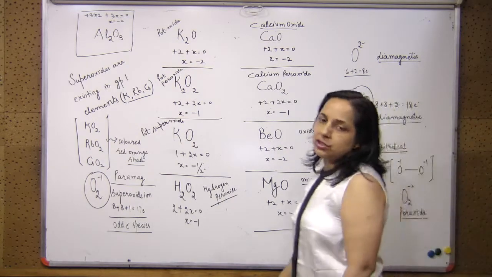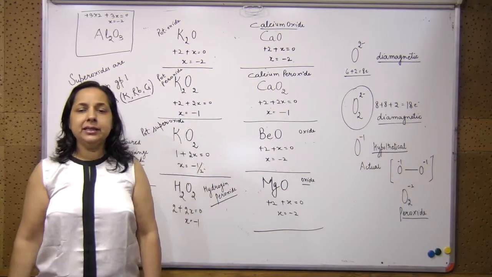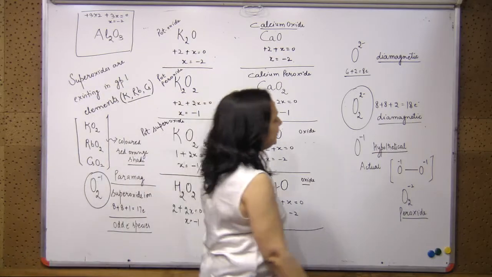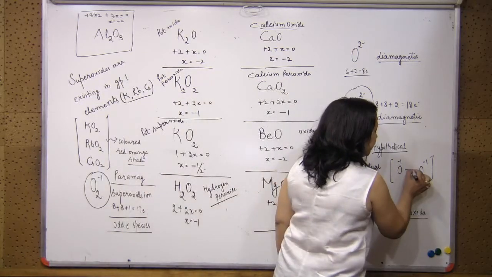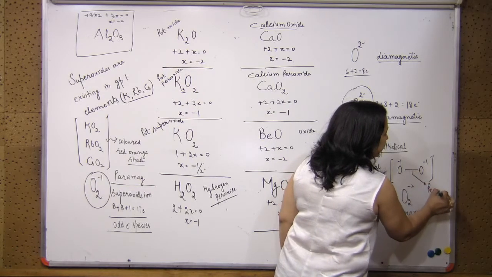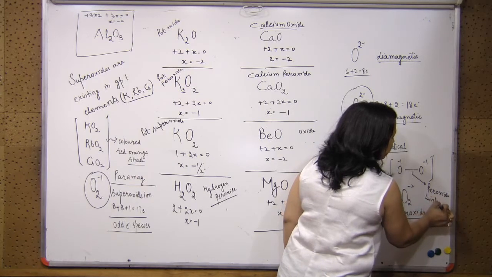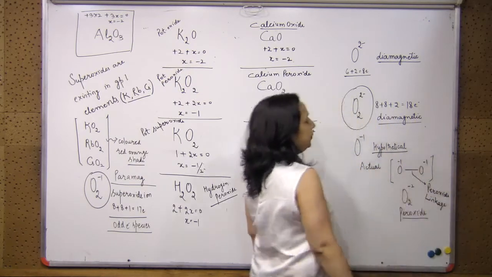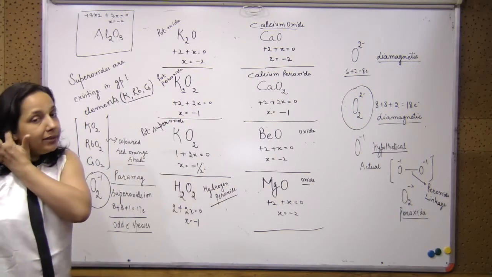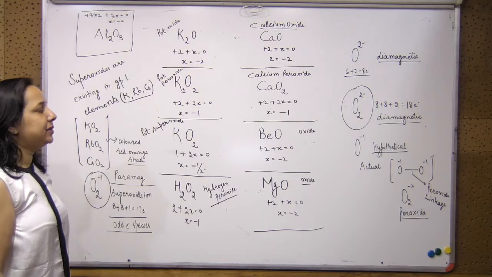It is 2 oxygens with 2 negative charge. Right? O2 2 negative ion is peroxide. And this linkage is called the peroxide linkage. The peroxide linkage is present between 2 oxygen atoms.